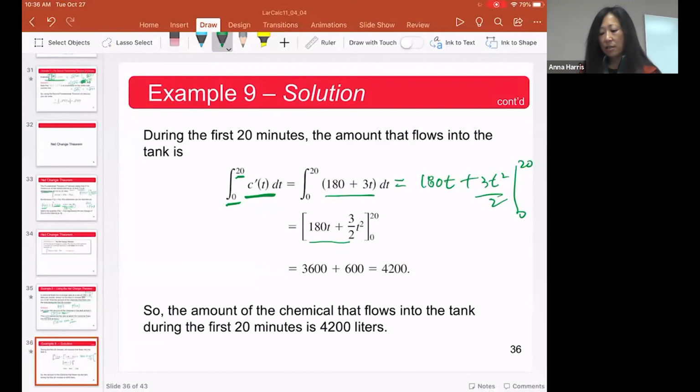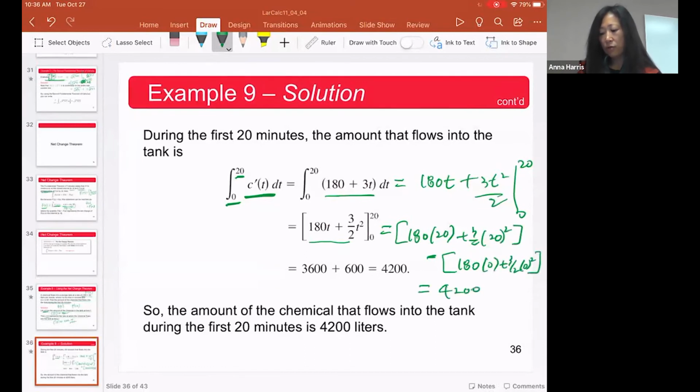All right. So when you plug in your numbers, you get 180 times 20 plus 3/2 times 20 squared, minus 180 times 0 plus 3/2 times 0 squared, which gives you 4,200. So you just figured it out. That's why calculus is important.